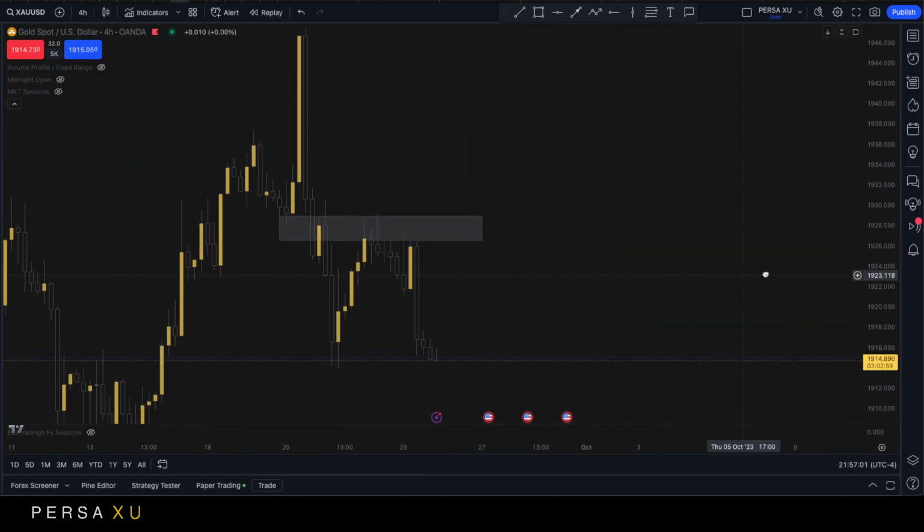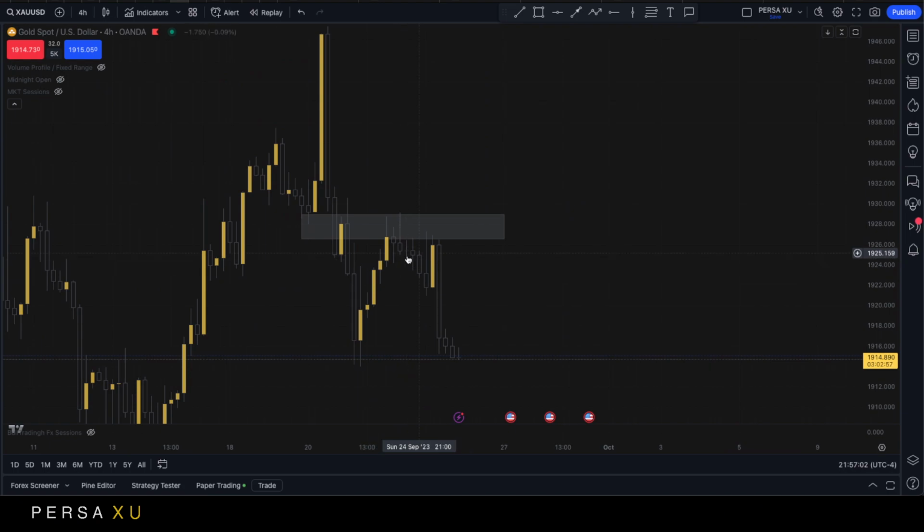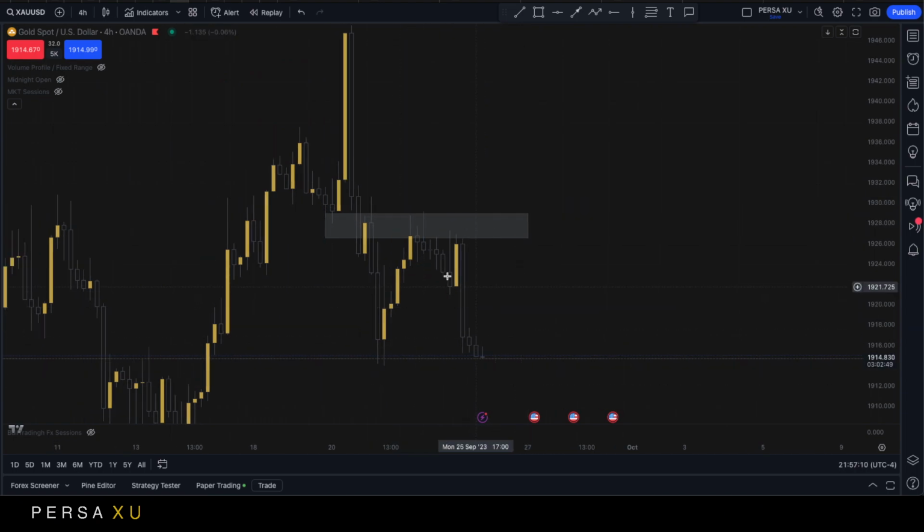Price was somewhere over here, and we said it might test further previous highs over here and then fall, right? And that's what happened. The only difference was that it started going down, and then it bounced up to make that retest, and it just didn't do so up over here. It just stopped at 1927.